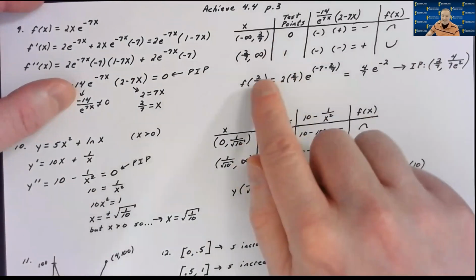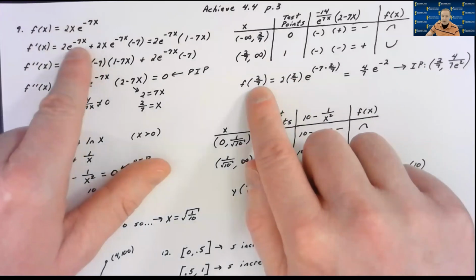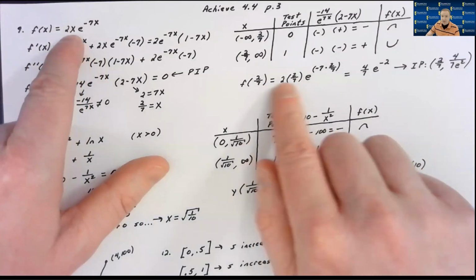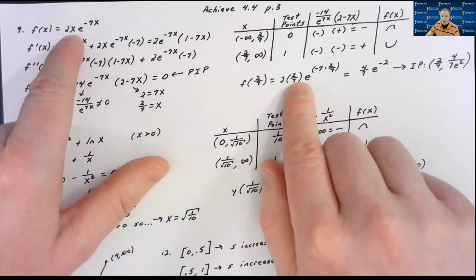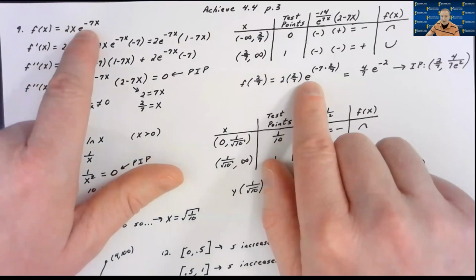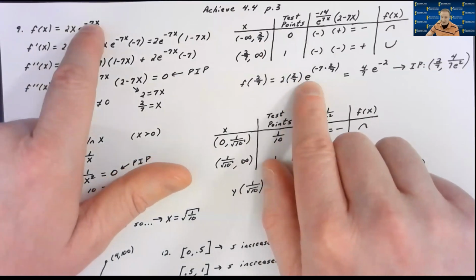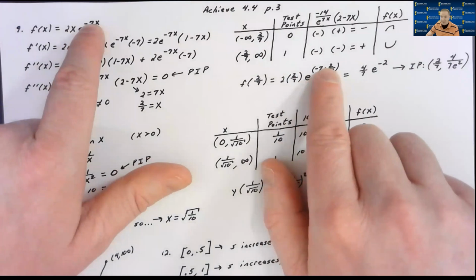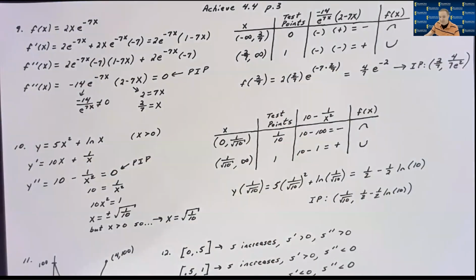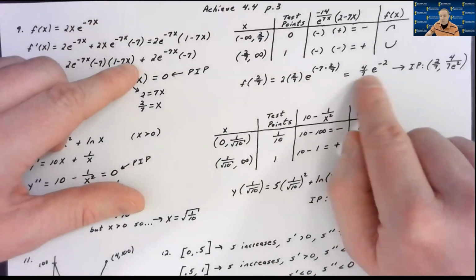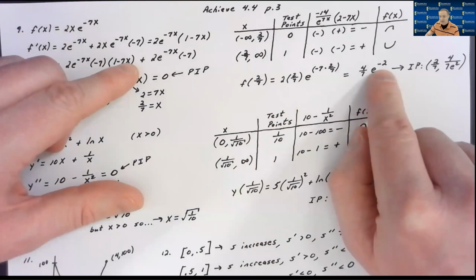Now I just need to take this 2/7, plug it back into my original function. I did that right here. 2 times 2/7 times e to the -7 times 2/7 power. That's -7 times 2/7. The 7s cancel, and you just have, well, that's e to the -2. So I get 4/7 e to the -2 for the y value.